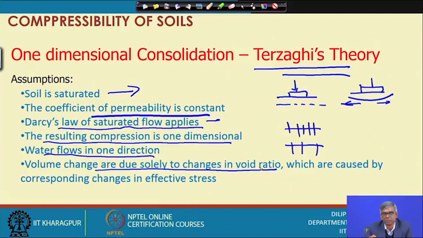Initially voids are filled with water; when water goes out, the voids become empty and the loaded soil grains come closer, completing the void spaces. So volume change is only because of change of void ratio, with no compression of water or of solid particles.